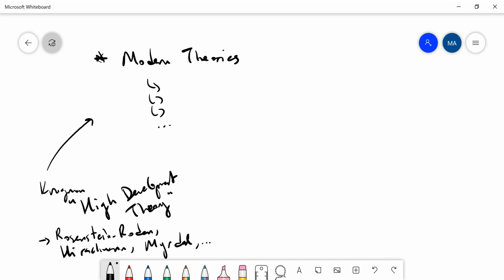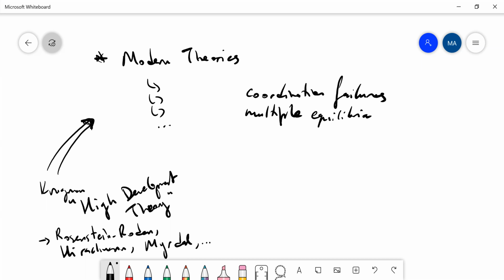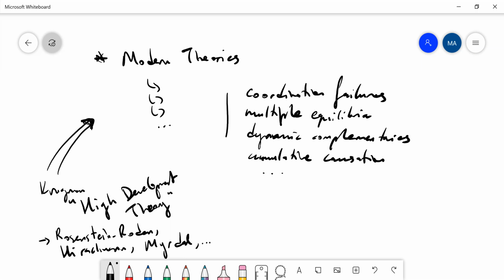These high development theorists had some very important ideas that will motivate the modern theories. These ideas are coordination failures, multiple equilibria, dynamic complementarities, cumulative causation, and some others.